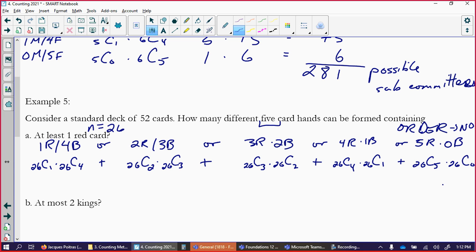All right, let's see the ones that I know. I know that's 1. That's going to be 26. That's going to be 26. I really only have to do a couple of calculations. Oh, we're starting to charge this thing up. 26C4. Holy smokes.